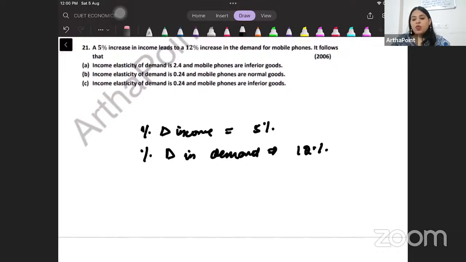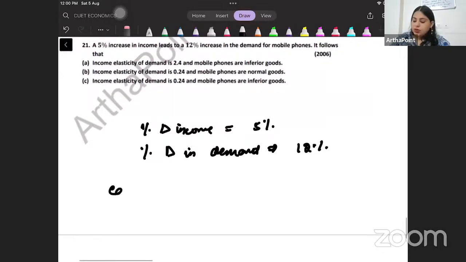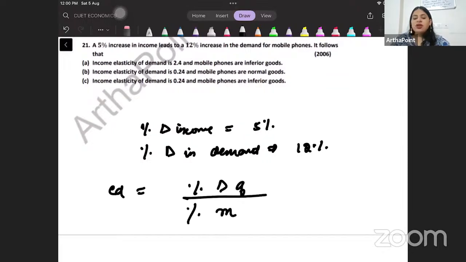So now it is asking what is going to be your income elasticity. So income elasticity is simple. It is going to be percentage change in demand due to percentage change in income. So this is just 12 by 5, 2.4. So income elasticity is going to be 2.4.